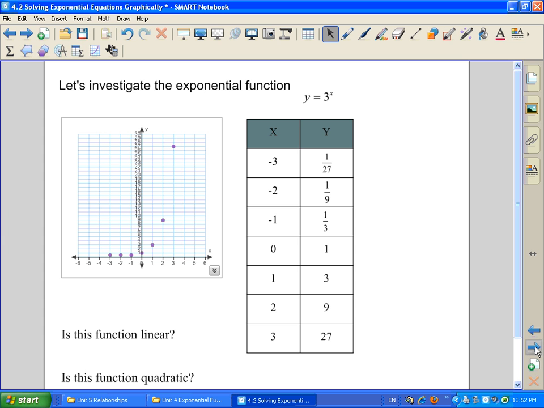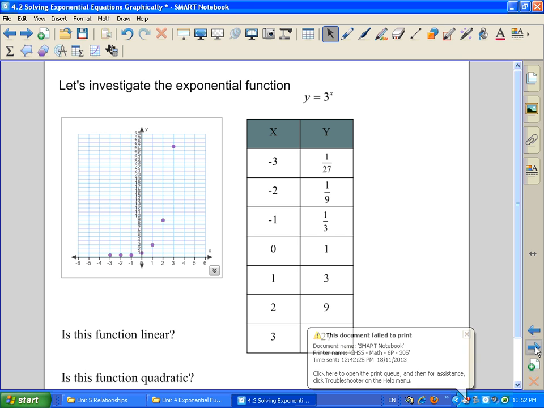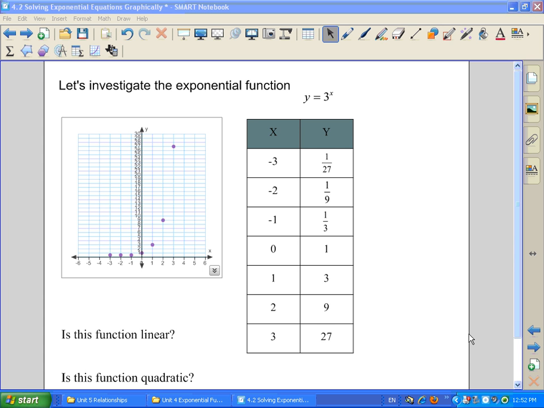Okay, so looking at this data point here, ladies and gentlemen, we've got an ordered pair. We have a table of values and the plots corresponding on the graph here. Notice, ladies and gentlemen, as I go from the bottom of this graph up, each time, if I look at my y values, they're getting a third less, a third less, a third less.